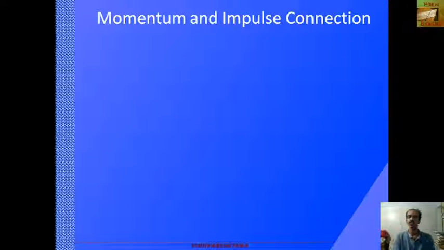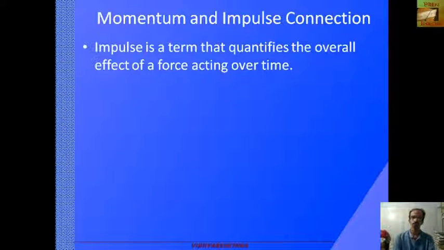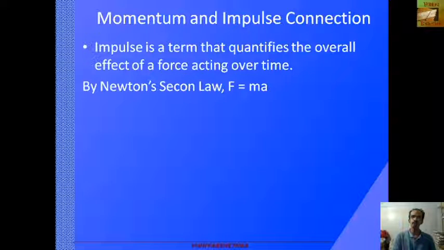Now, the momentum and impulse connection. What do you mean by impulse? Impulse is a term that quantifies the overall effect of a force acting over time. It is given by the product of force acting on the body for a given duration of time t. Now, by Newton's second law, we have force is equal to the product of mass and acceleration.